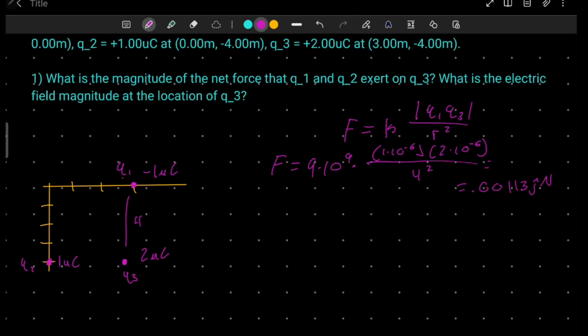Okay, so now we'll do the equation for the other charge, where we're going to simply replace our Q1 with Q2.